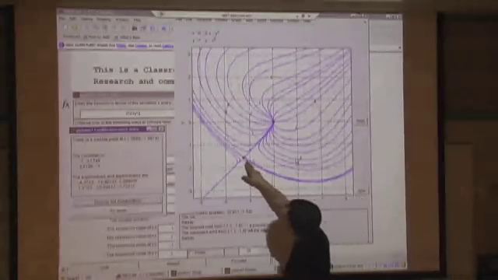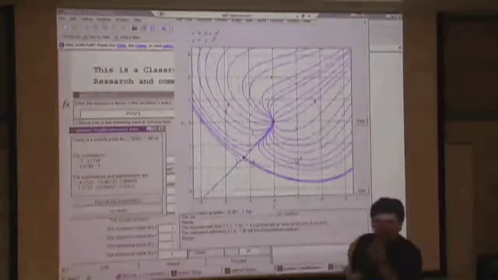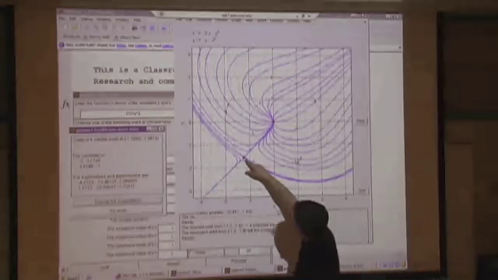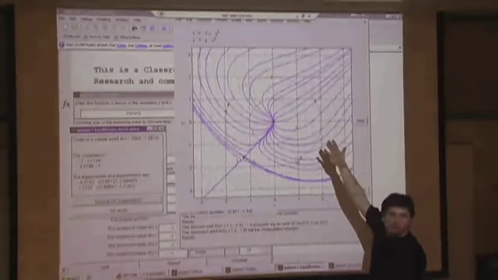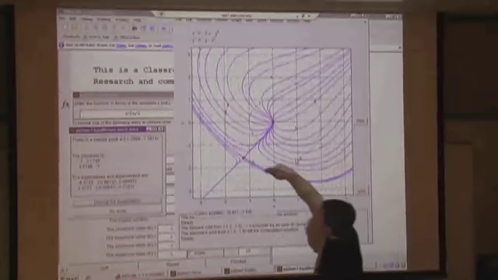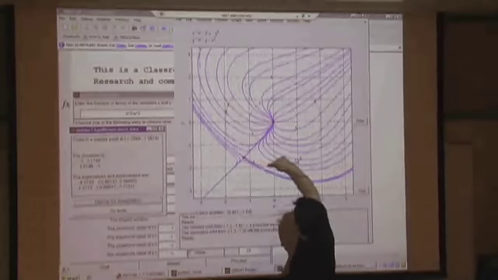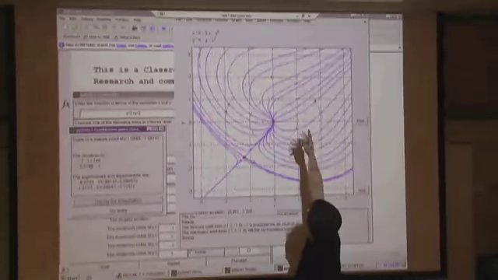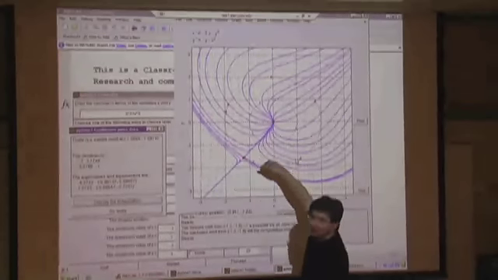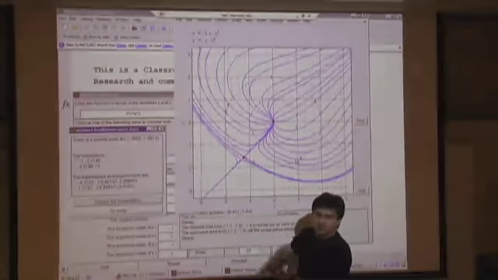Now, you see that there could be complications. Like, there could be that this is the border of the basin of attraction. You see this curve here looks tangent to this radius, right? But maybe if you tweak something in that equation, it will no longer be a tangent. It will be intersecting.